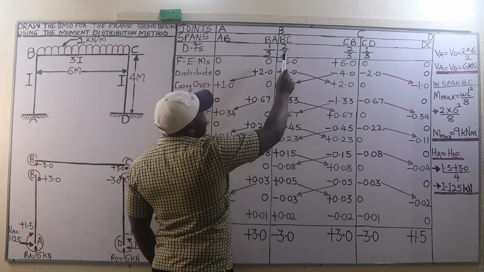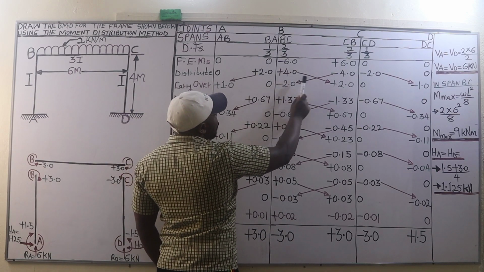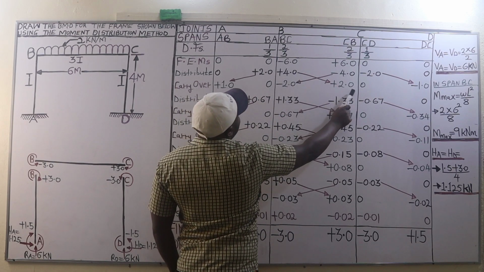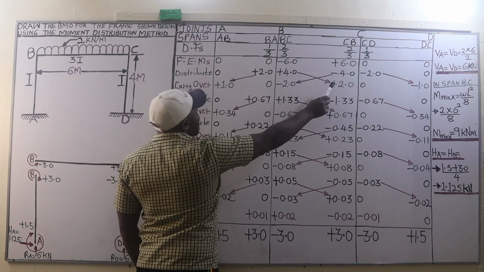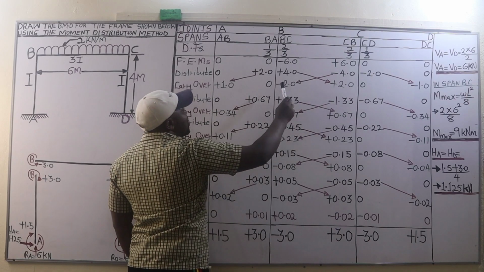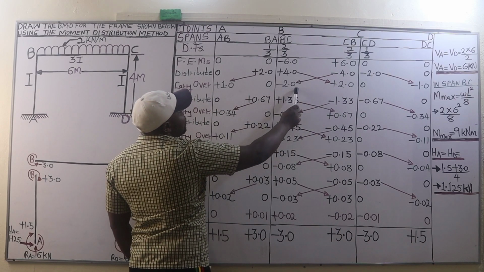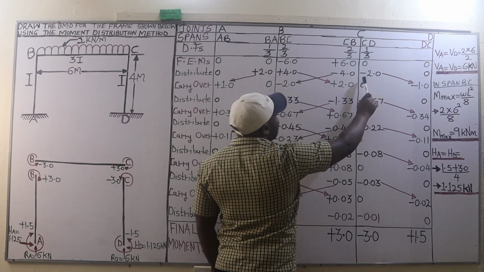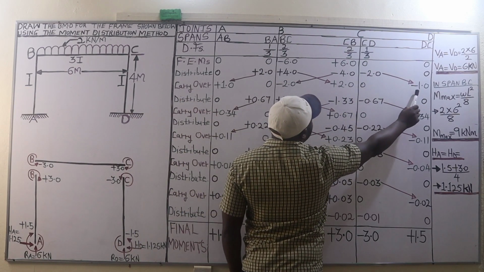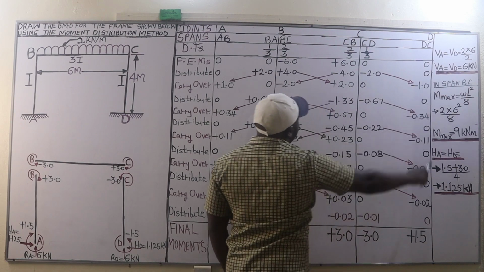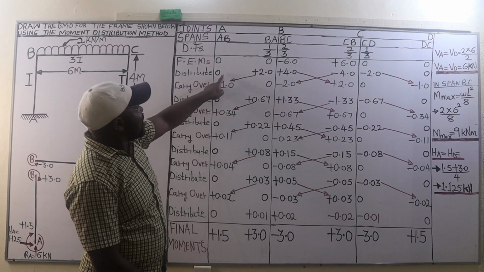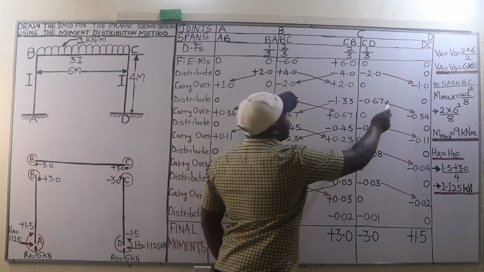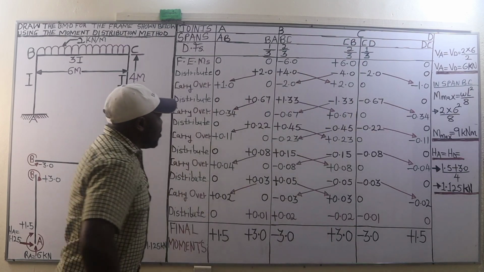Then from joint B we carry half of 4 to joint C, that is going to be +2.0. From joint C we carry half of -4 to joint B, that's going to be -2.0. Then from joint C we carry half of -2 to joint D, which will be -1.0. Then if you carry this one over, that will be 0, 0, and likewise that's going to be 0, 0.